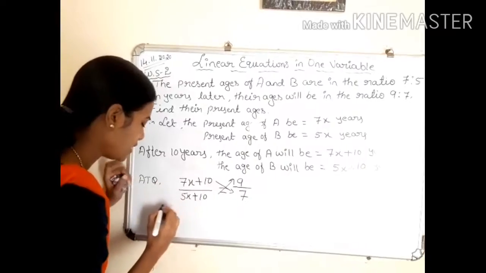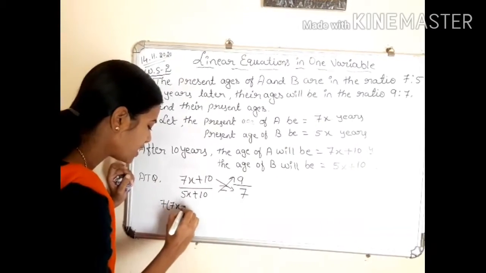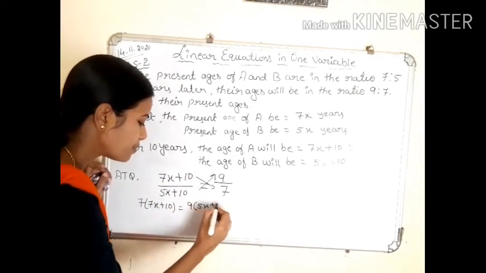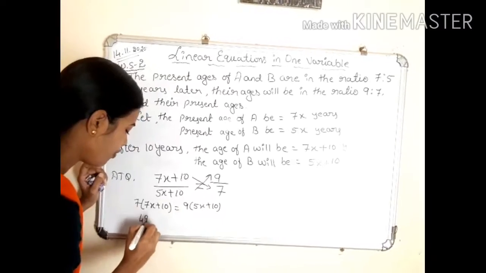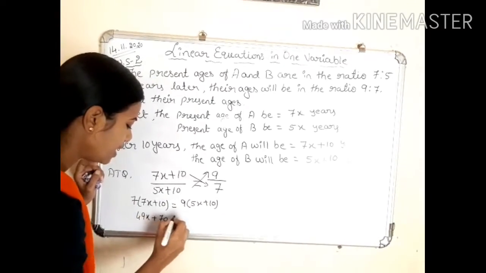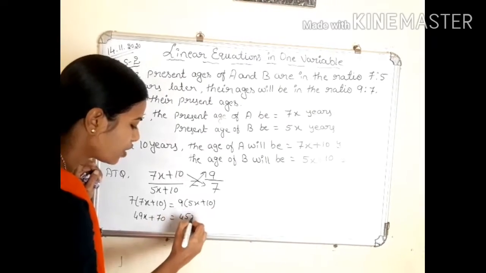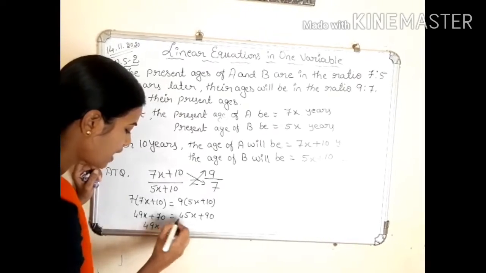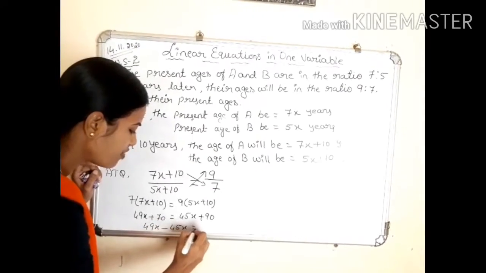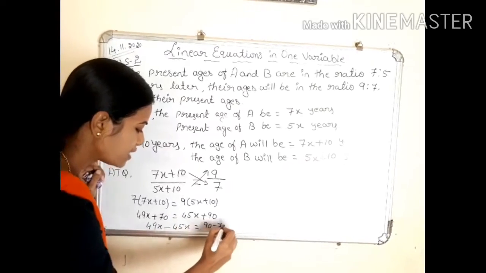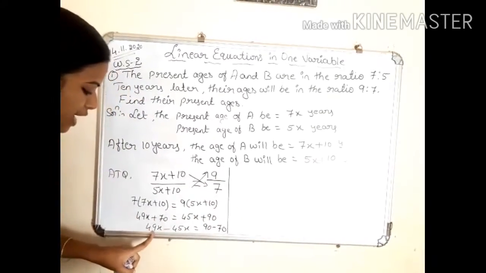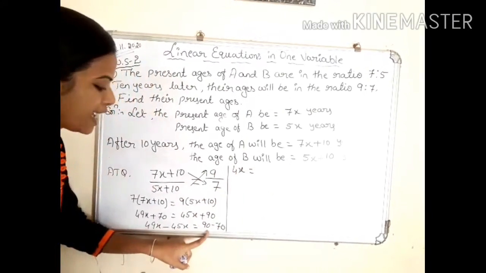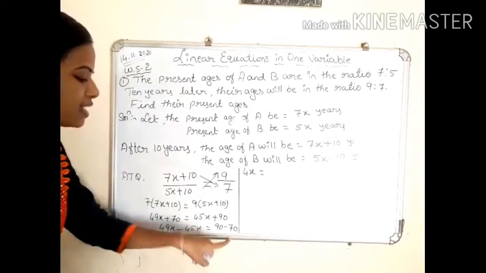7 multiplied with 7x plus 10. 7 into 7x plus 10 is equal to 9 into 5x plus 10. 7 sevens are 49x plus 70 is equal to 9 fives are 45x plus 90. 49x, transpose the like terms, minus 45x equals 90 minus 70. 49x minus 45x, you will get 4x is equal to 90 minus 70. 90 minus 70, you will get 20.